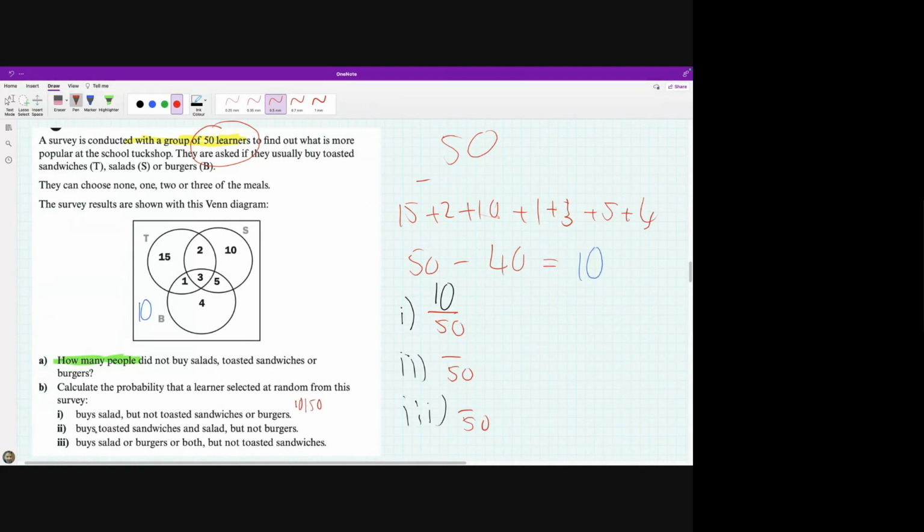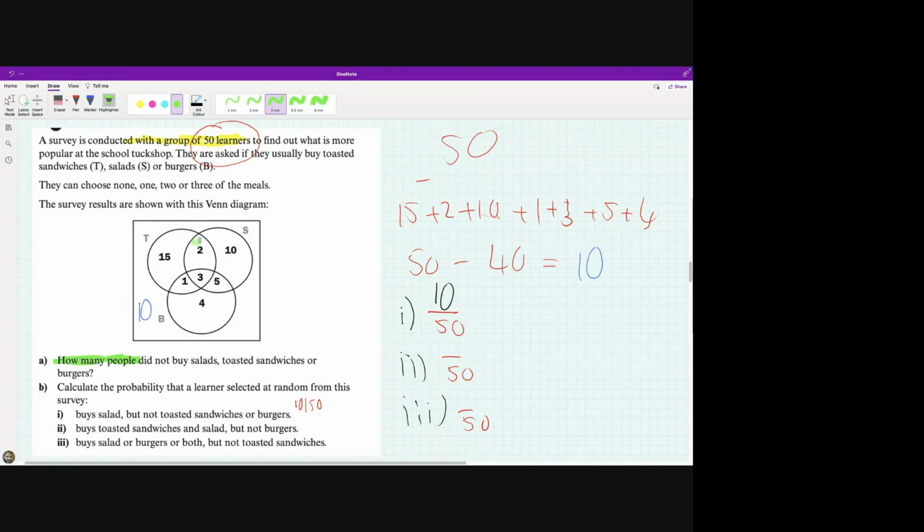What about the second one? What is the probability a randomly chosen person buys toasted sandwiches and salad, but not burgers? Toasted sandwiches and salad, but not burgers.